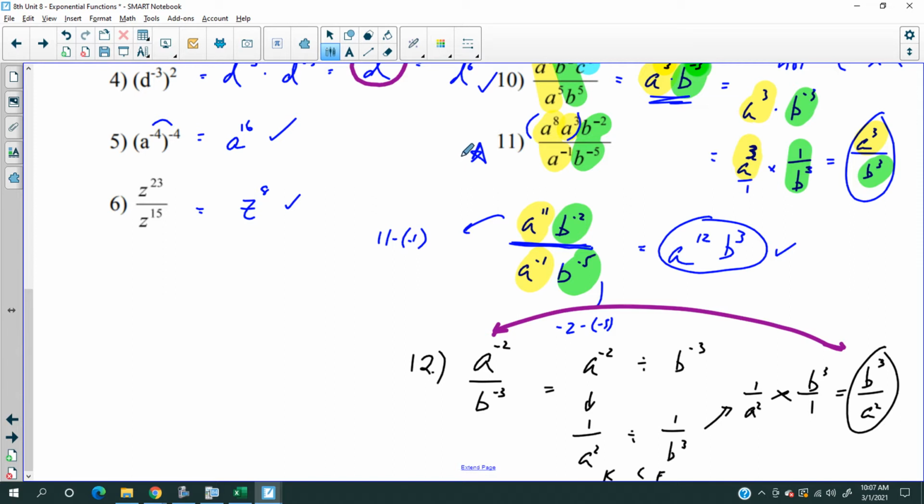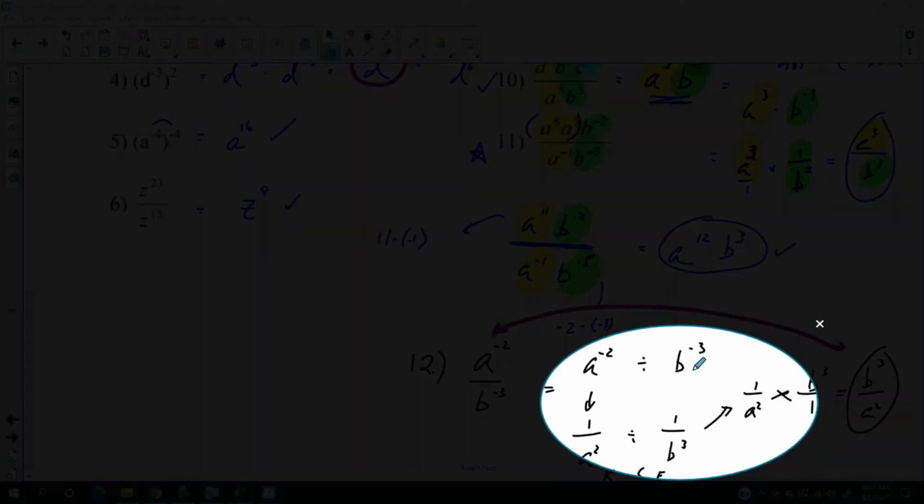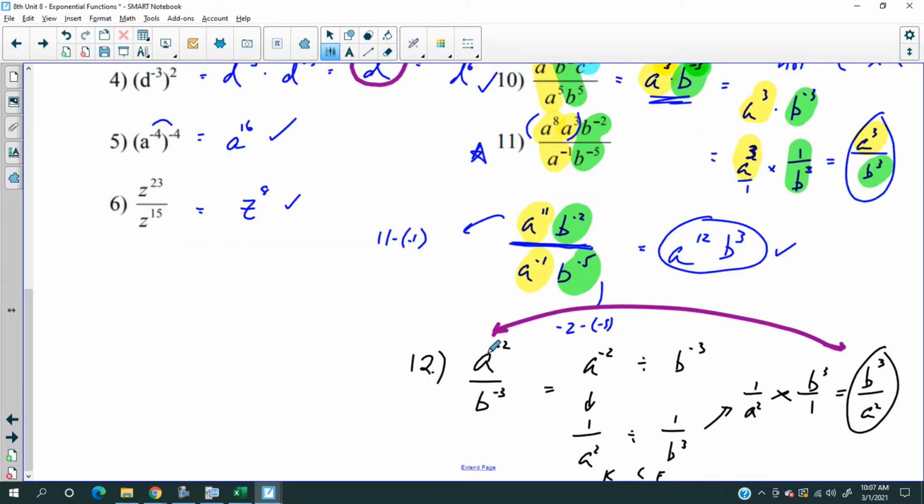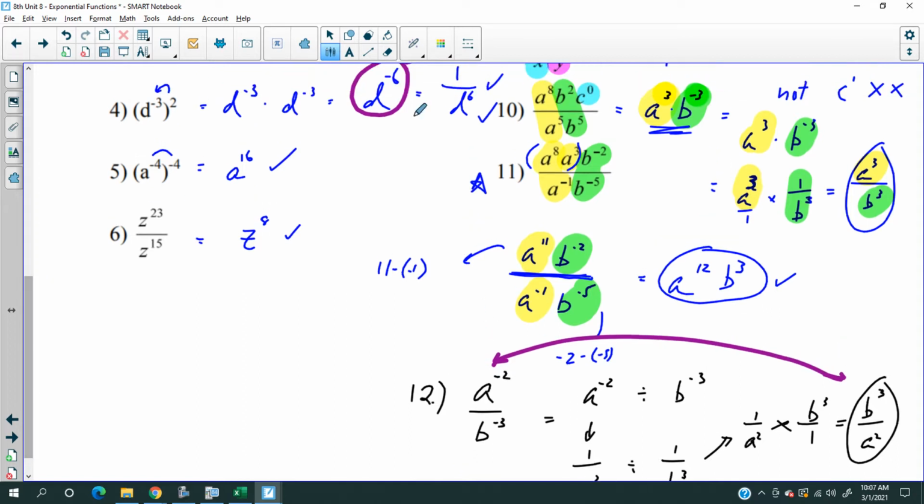So yep, there you go. You don't have to do all that. The trick is this. If you see a negative exponent up here, or here, or here, they just get flipped one way or the other.